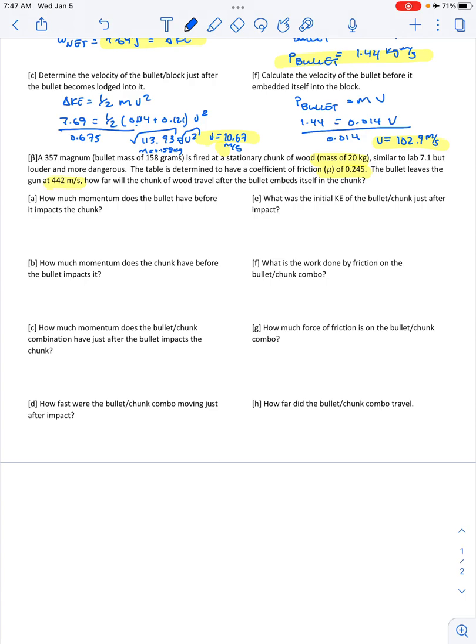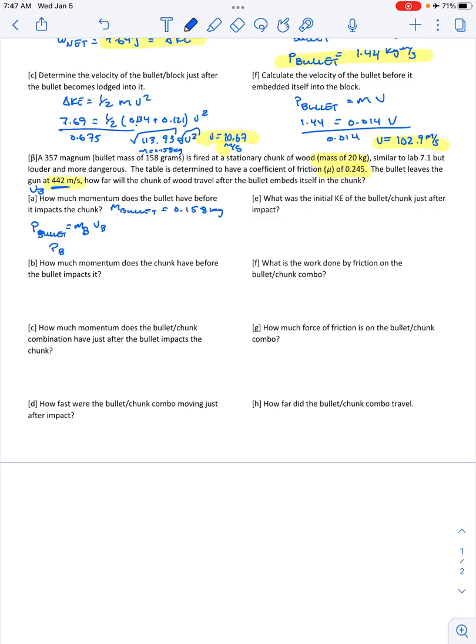If we know that the mass of the bullet is 0.158 kgs, and we know that that's the velocity of the bullet, so the momentum of the bullet equals the mass of the bullet times the velocity of the bullet.